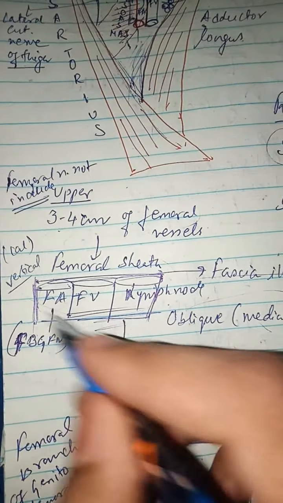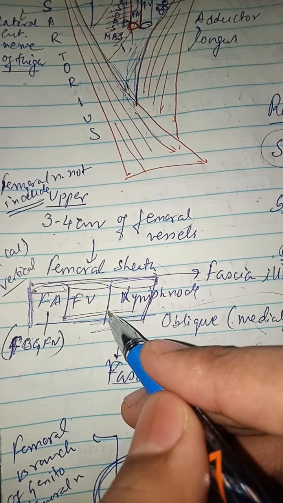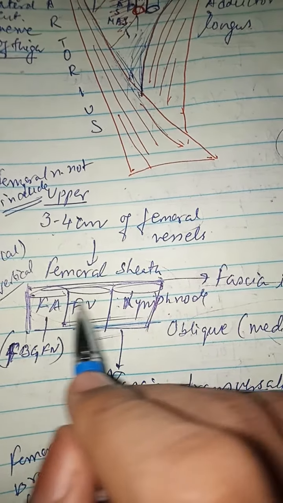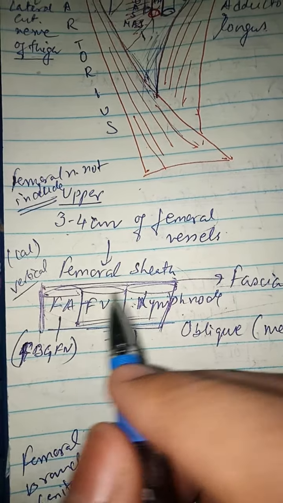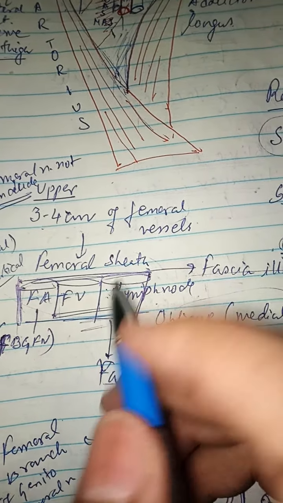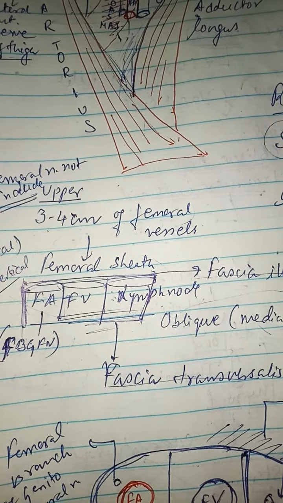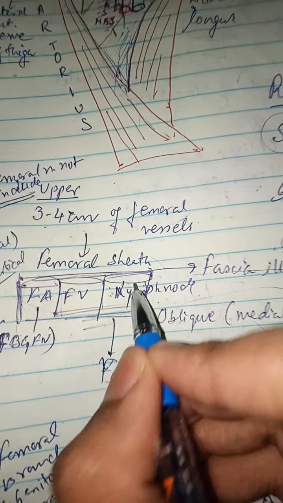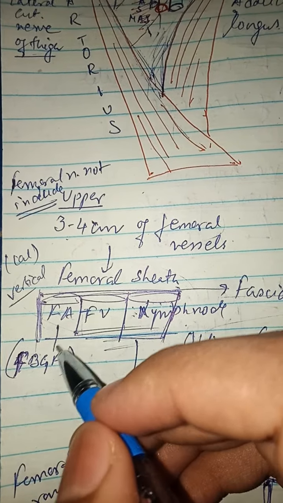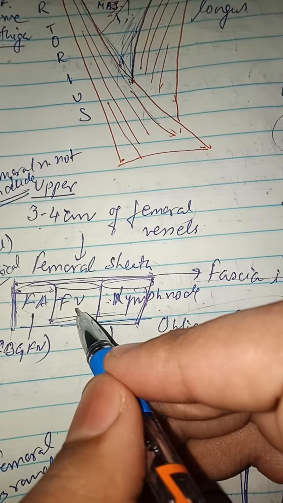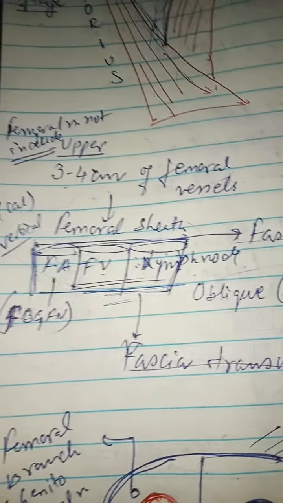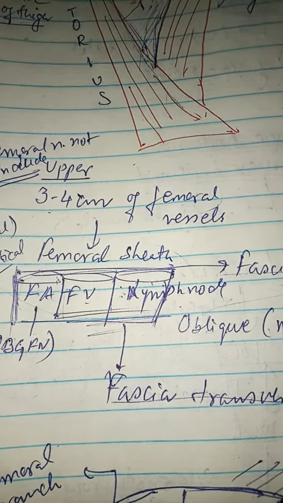So this forms the femoral sheath, and it is divided by two septa into three compartments: the lateral compartment, the intermediate compartment, and the medial compartment. The lateral compartment contains the femoral artery, the intermediate compartment contains the femoral vein, and the medial compartment contains the lymph node.